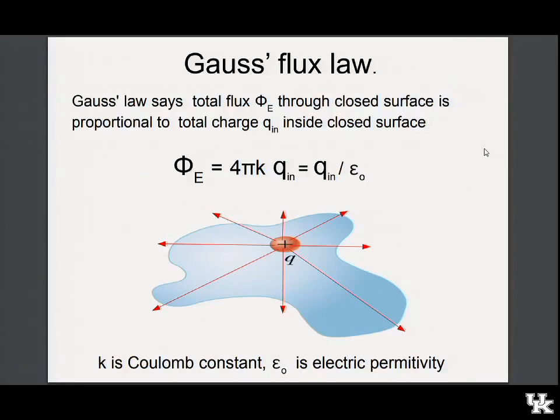You can write it in terms of the Coulomb constant that we've already met. So you can write the flux is equal to 4 pi times the Coulomb constant times the charge inside. Or alternatively, sometimes this is more convenient, you can write that flux as the charge inside divided by a new constant. It's called the electric permittivity. It's written as epsilon naught.